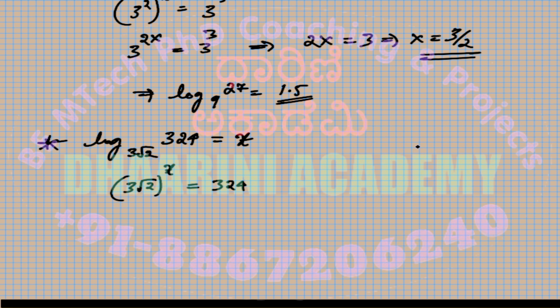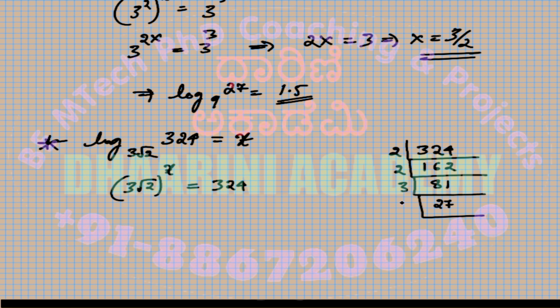Let's try that. So 324, I divide this by 2, I get 162. So 2 is a factor. Again, try with 2, this is 81. So 2 is repeated twice, and let me write 3s: 81, then 3 as 27, then 3 into 9, then 3 into 3, then 3 into 1.